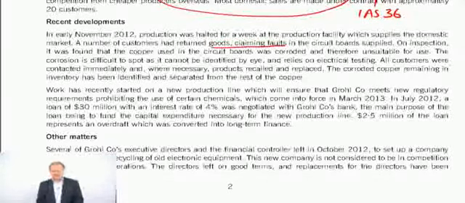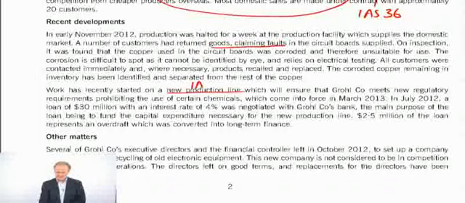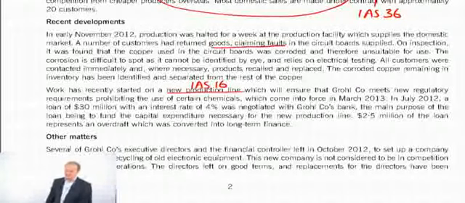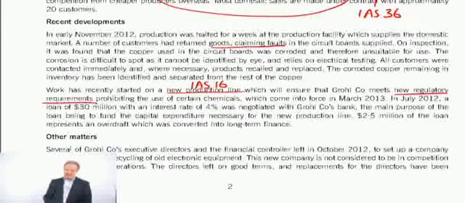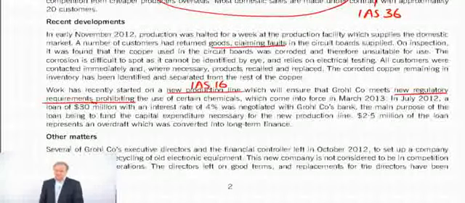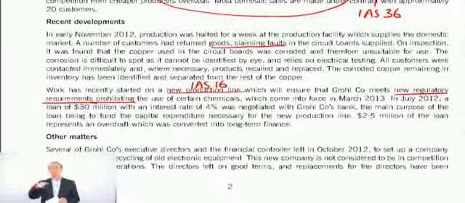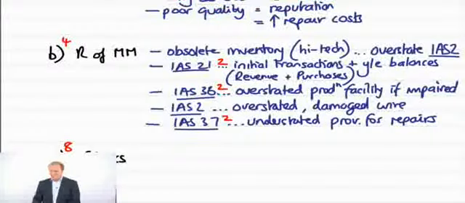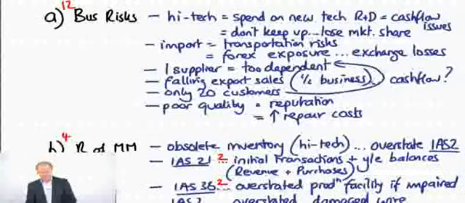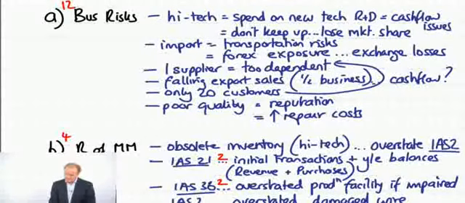Work has recently started on a new production line. Well, that sounds like an asset to me, IAS 16, which will ensure that Grohl meets new regulatory requirements, prohibiting the use of certain chemicals, which come into force in March next year. Well, new laws stopping you doing things sounds like a business risk. I have to go over here.